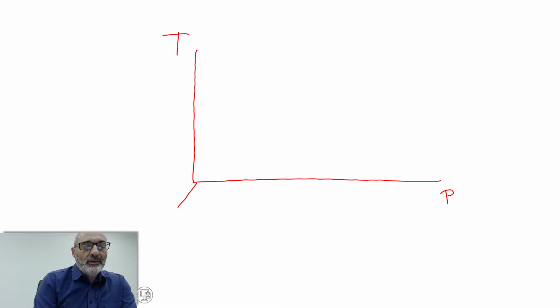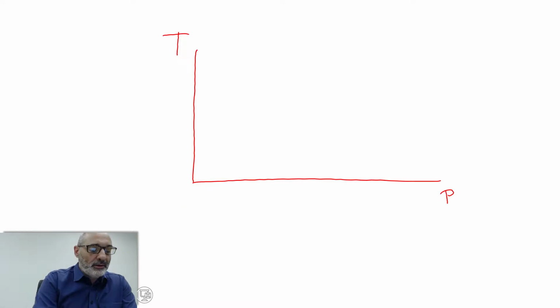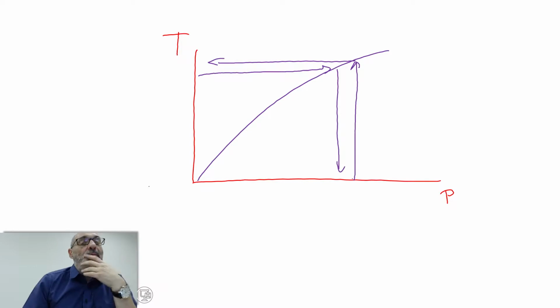If this relation is something like this, it's very easy to input pressure and calculate temperature, and also in the opposite sense, I can input temperature and calculate pressure, no problem.